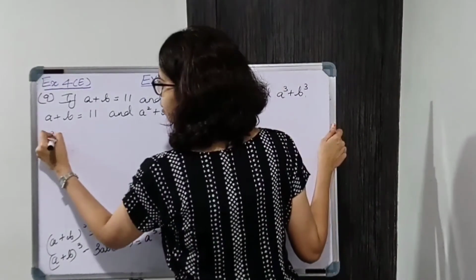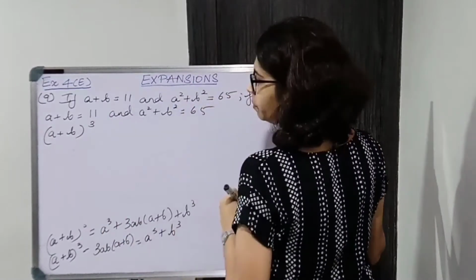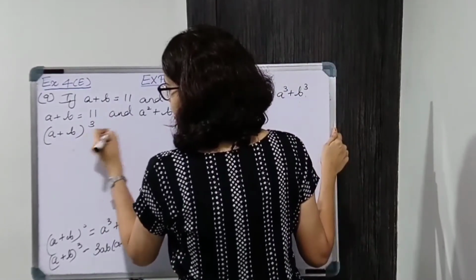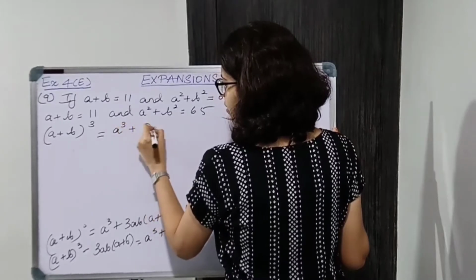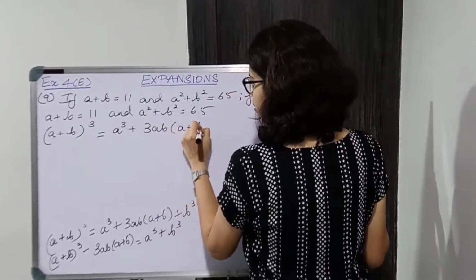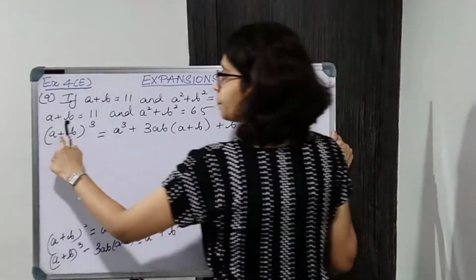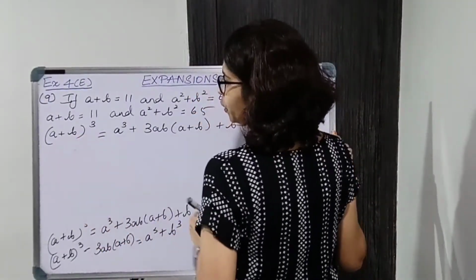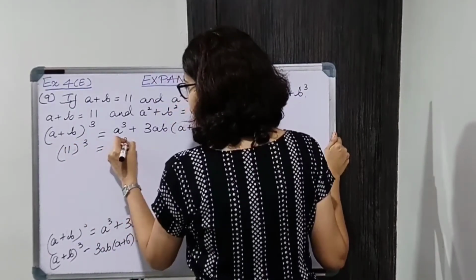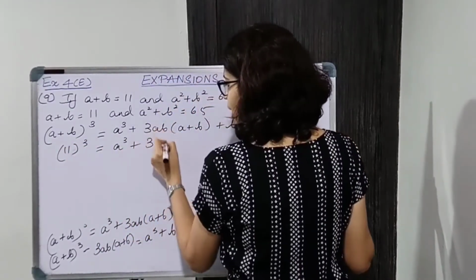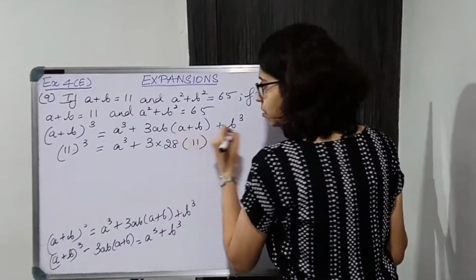So now we'll write down a plus b the whole cube, okay, is equal to a cube plus 3ab into a plus b plus b cube. Okay, a plus b the whole cube, so 11 cube is equal to a cube plus 3 into ab is 28 into a plus b is 11.